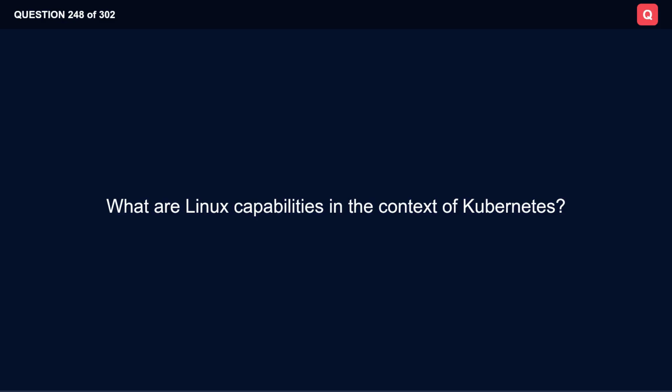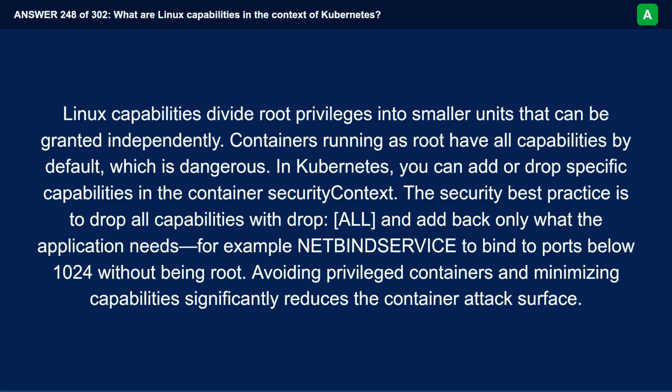What are Linux capabilities in the context of Kubernetes? Linux capabilities divide root privileges into smaller units that can be granted independently. Containers running as root have all capabilities by default, which is dangerous. In Kubernetes, you can add or drop specific capabilities in the container security context.